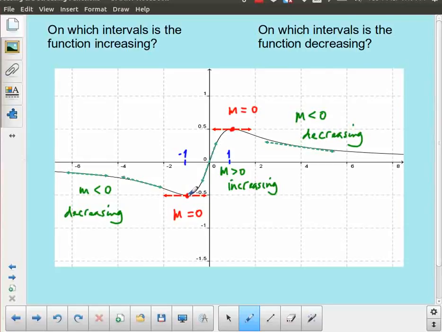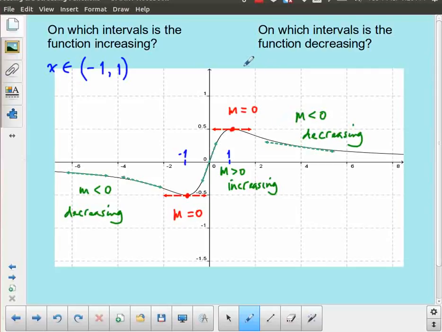So between this slope of 0 and this slope of 0. And so that is between -1 and +1. And since when the slope is 0, it is neither increasing nor decreasing, this is an open interval as opposed to a closed interval where we would use square brackets. That means it does not include -1 and +1. So there is my interval for increase.